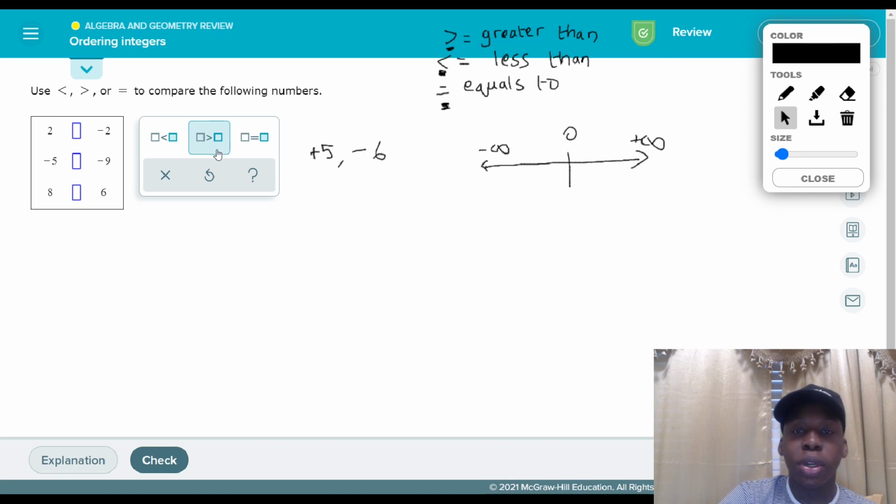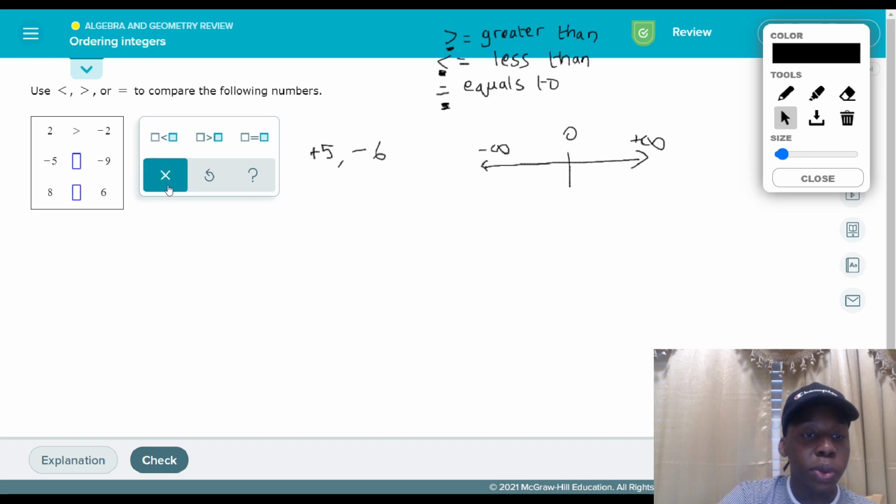Whenever I see a positive number and a negative number, I know the positive is greater than the negative. So positive 2 should be greater than negative 2, and this is the greater than sign. Based on that, we plug in the greater than sign.